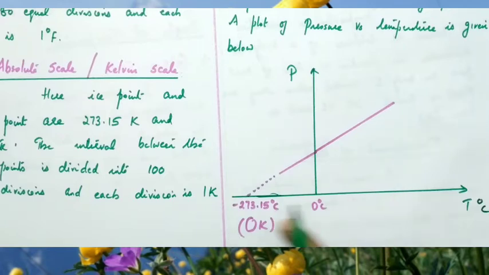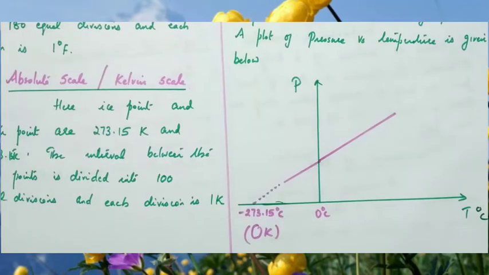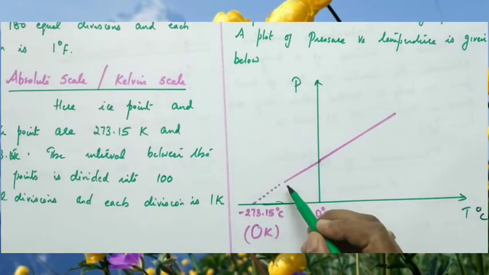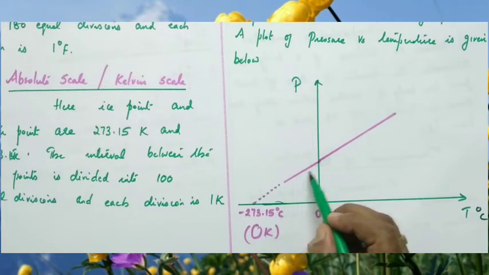Okay children, so minus 273.15 degrees Celsius is called absolute 0. Why is it called absolute 0? Because all the molecular motion stops, the particles stop moving and all the disorder disappears. In the graph, up to about minus 100 degrees Celsius is the temperature we have achieved so far, so up to that point it is plotted using a solid line.